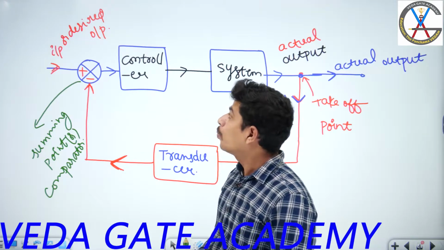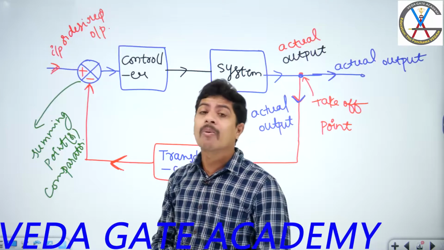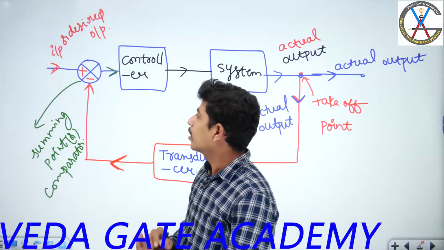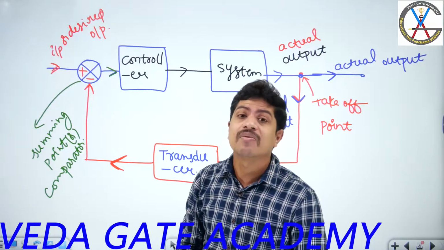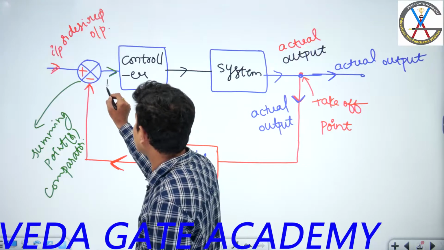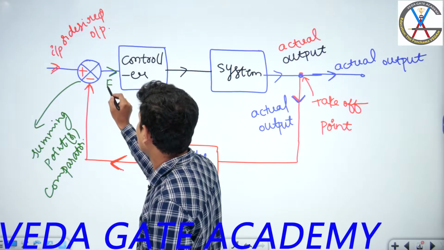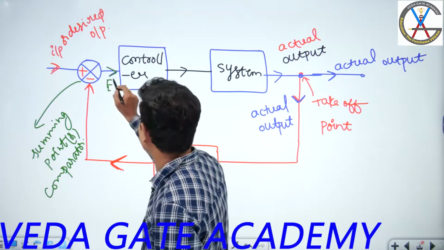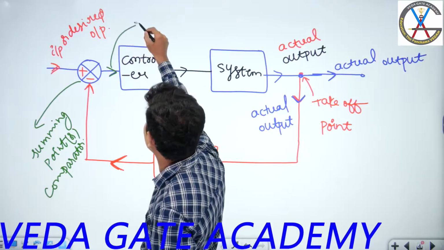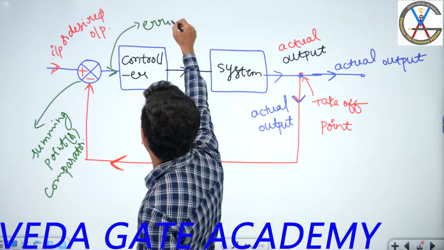Now the output of that summing point, what are we going to get? This is the output of the summing point. That is the difference between desired output and actual output. We call that error. Let's mark it and write here, that is error.